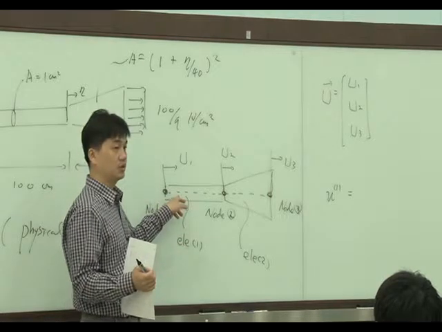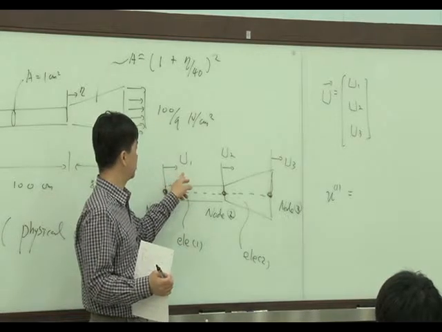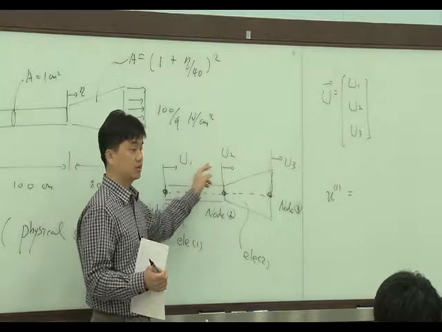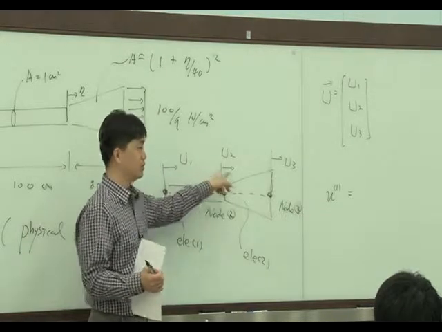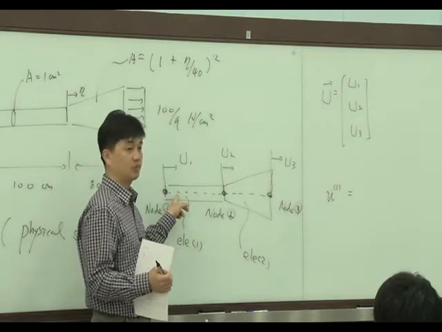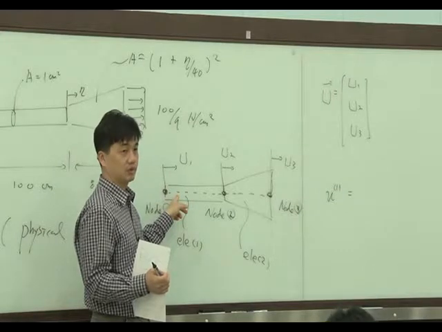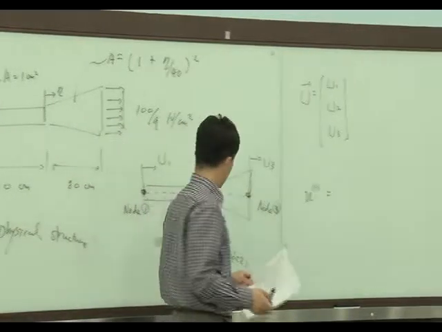This element has nodal displacements U1 and U2, right? So using U1 and U2, we can interpolate the displacement u.